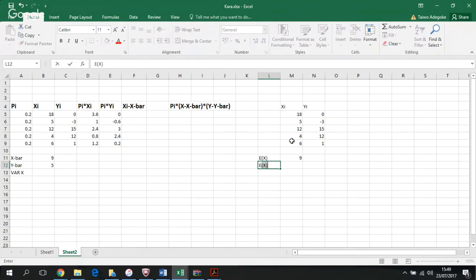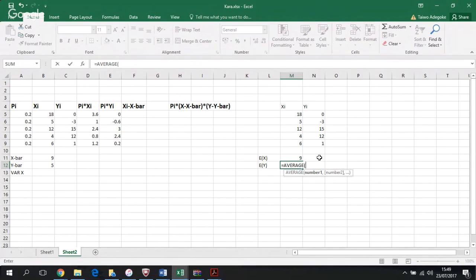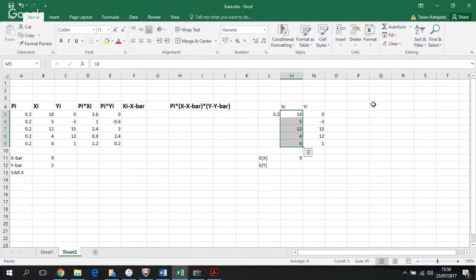For EY, it's just the average, just the expected value. And if you want the probability, it's actually 1 divided by 5, which is 0.2. They're telling you that they're all equally weighted.